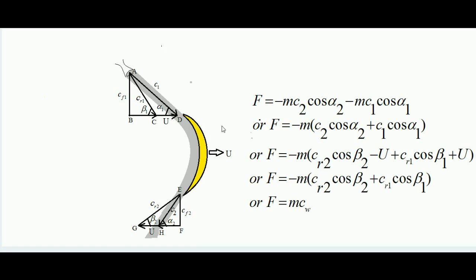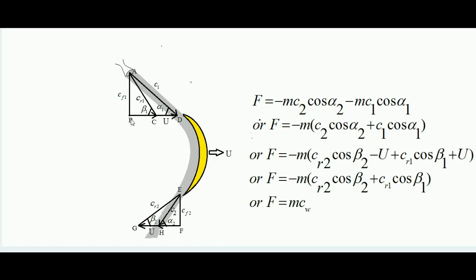But in case we talk about the vertical velocity of steam, see, AB represents the vertical velocity of steam at inlet, and the blade has no movement in the vertical direction. The blade is only moving in the horizontal direction. So vector AB itself is what? The relative velocity of steam in the vertical direction with respect to the blade.